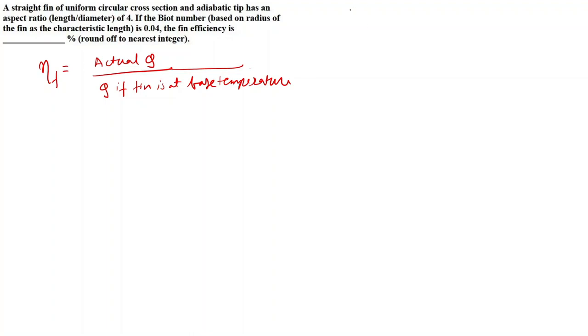Okay, so in this question, we have been given a straight fin of uniform circular cross section. So we basically have a cylindrical fin, and let's consider that the diameter of that fin is D and the length is L. It has an adiabatic tip, which means no heat exchange occurs through this surface, so dQ is equal to 0.